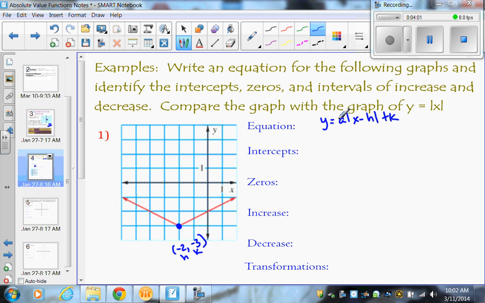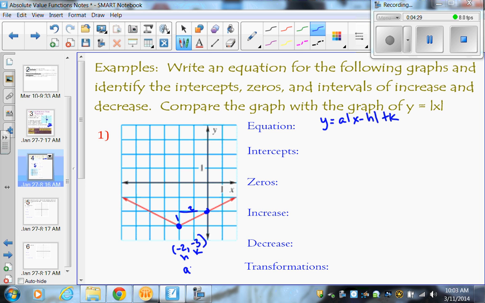The next piece we need is our a, which comes from the slope. I suggest you always use the right side because the right side will give you the true a value. Because if it opens down, you should have a negative for the a. If it opens up, you should have a positive. And if you use the right-hand side of the graph, you will always get what it really is. So in this case, if I pick another point on the line, say this one right here, and slope is rise over run, so I'm going up 1 and over 2.